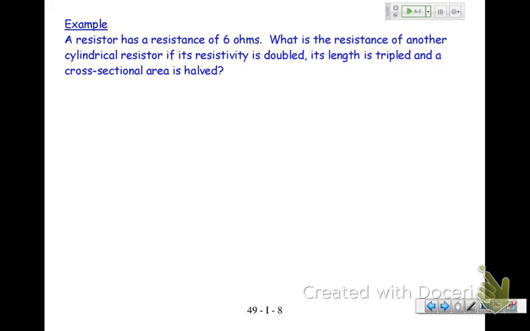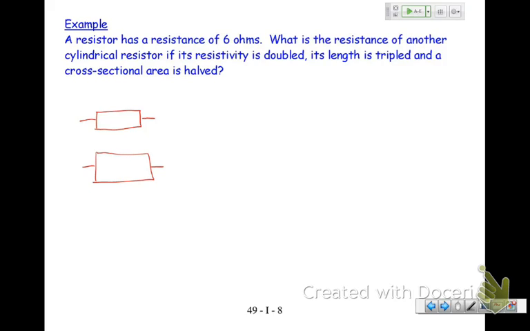A resistor has a resistance of 6 ohms. What is the resistance of another resistor? Oh, okay. The international system for resistors is that, actually. On a circuit, these days, if you get a wiring diagram for, say, a motor or an instrument, I know if you get a Honda car, if it's the manual that comes with a factory, it's going to have the international system.